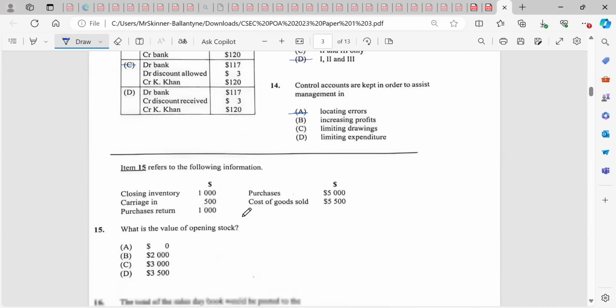Number 15. What is the value of opening stock? I like this question.